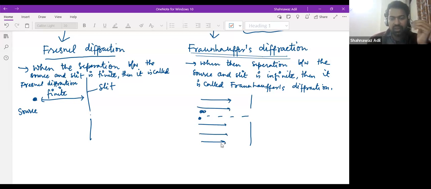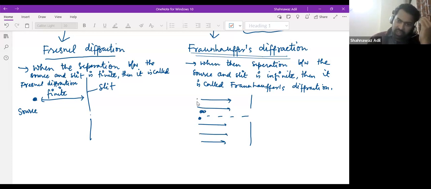And the wavefront of the source which is at infinity, what kind of wavefront is that?